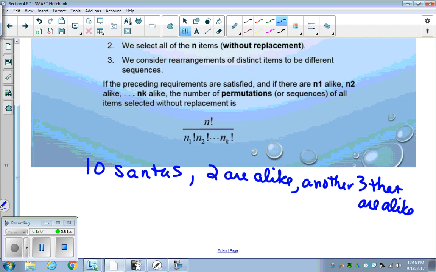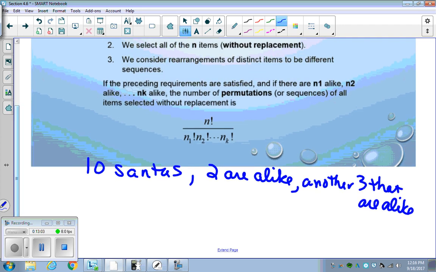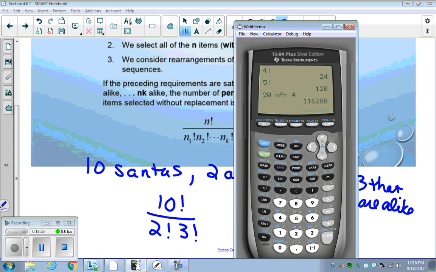So the way that I'm going to compute that is 10 factorial divided by the number of items that are alike, 2 factorial and 3 factorial, okay? So if I do that in my calculator, I'm going to punch in 10, go to math, go over to probability, choose number 4, factorial.